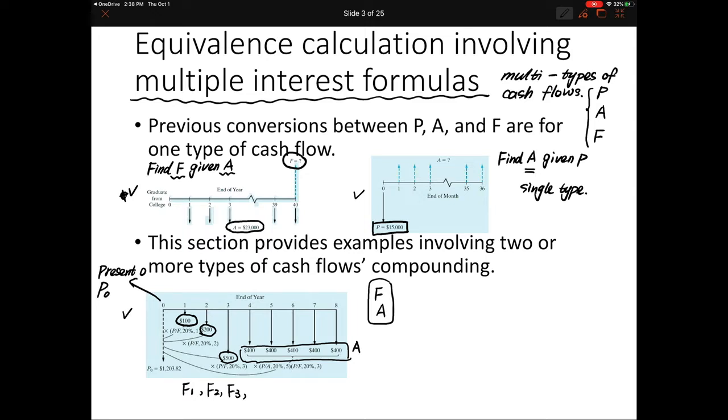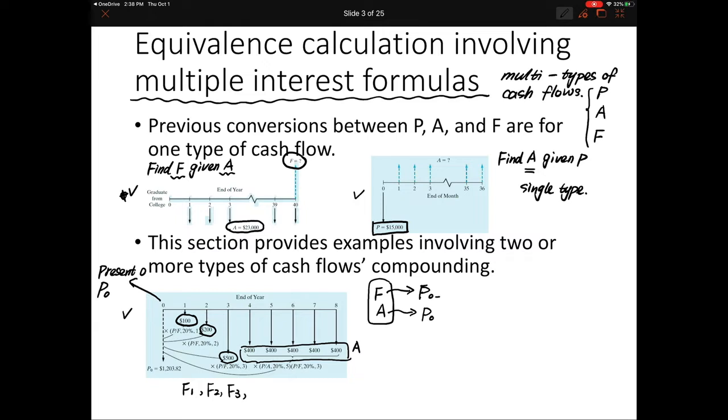So for this problem, we need to find a way to convert different types of cash flow to some single type of cash flow. We can convert the F to some present value at 0 time. We can also convert the annuity to some present value.